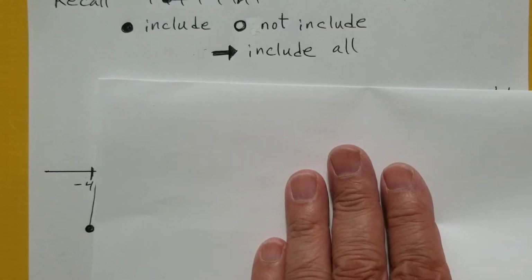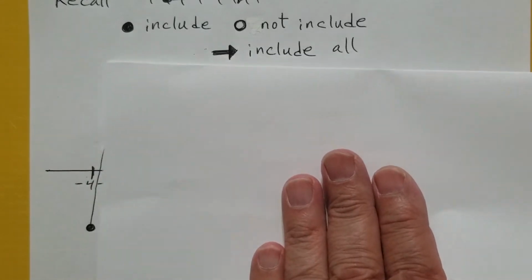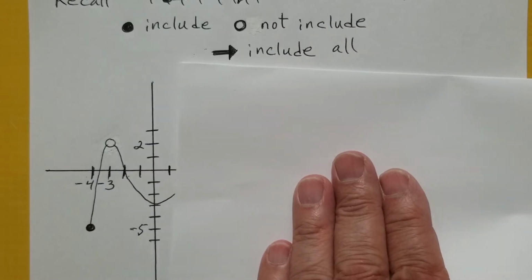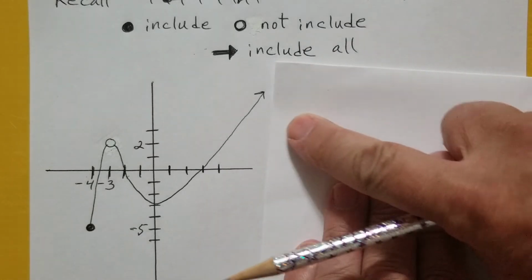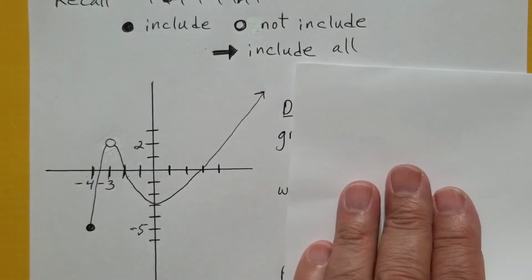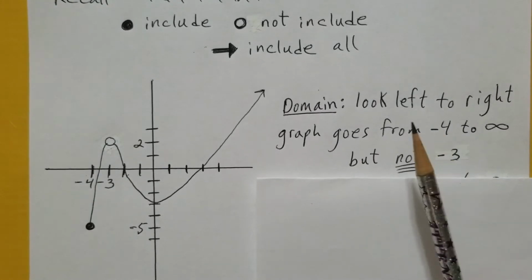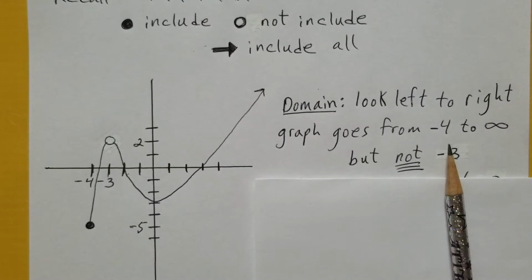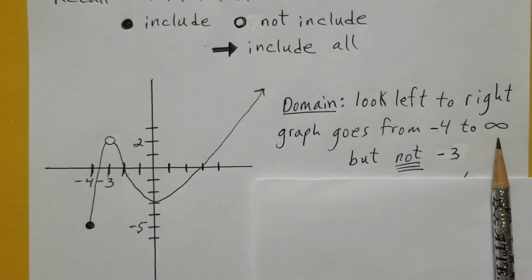Our graph starts at -4. As far as the x is concerned, it starts at -4. And then notice that it keeps going, keeps going, keeps going. Does it stop? No, it goes forever. So if we look from left to right, the graph goes from -4 onwards to the right forever.